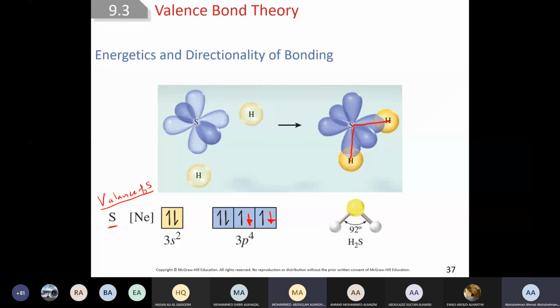90. Why? Because the p orbitals are what? This is the px or py, and this is px.